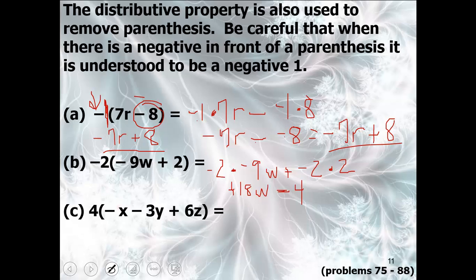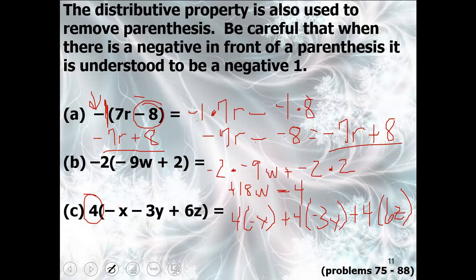Just like this. Now look here, we're multiplying by a positive 4. No sign flipper there at all, right? So we're just going to do our distribution. 4 times a negative x plus 4 times a negative 3y plus 4 times 6z.